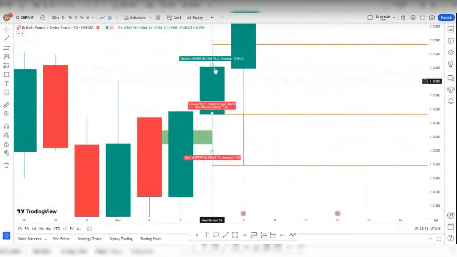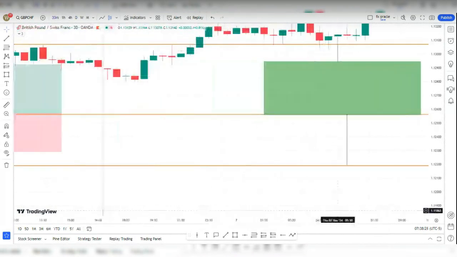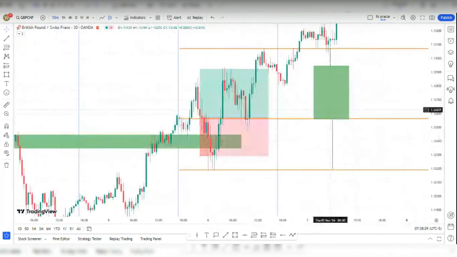Just take note of this candle, how it is. See the high here, see the low here, see the opening price. Now let's go back to the 30 minute and look at the candle that I showed, whether it's the same. Can you see? Is it the same? It's exactly the same thing. So that is how the candle is formed.